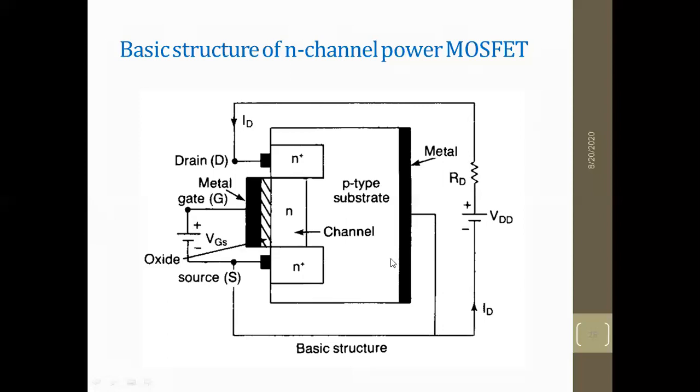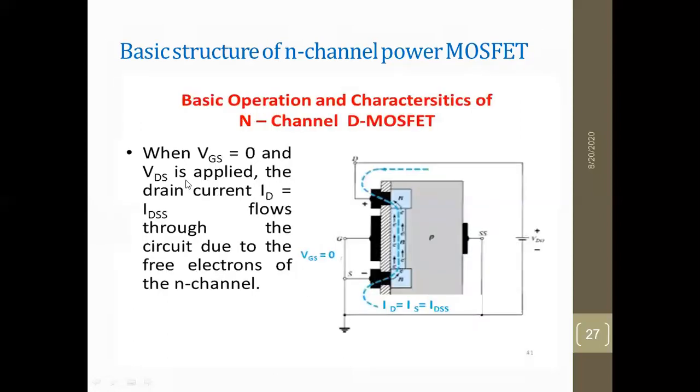That is nothing but the depletion type. Here, if you observe, when VGS is equal to 0, it is short circuited.